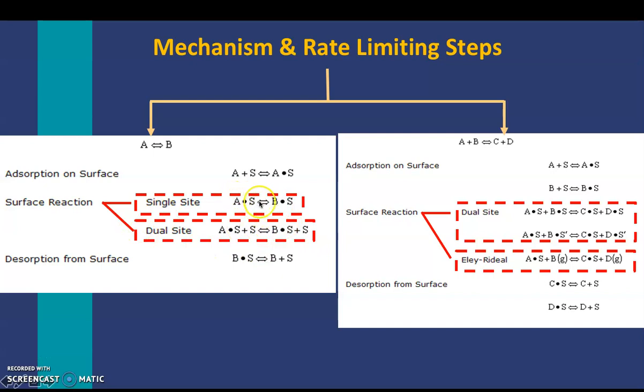Then in this part, surface reaction, which is step 4, sorry, A is converted to B, followed by B·S, which is desorption from the surface. This is step 5. For more than one reactant and more than one product, the surface reaction can be dual site or Eley-Rideal, and then desorption from the surface. So you have to understand these terms first.